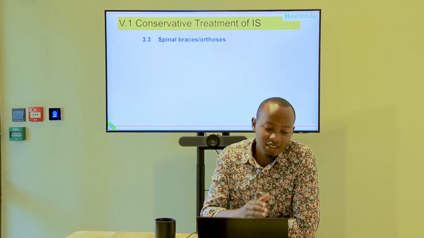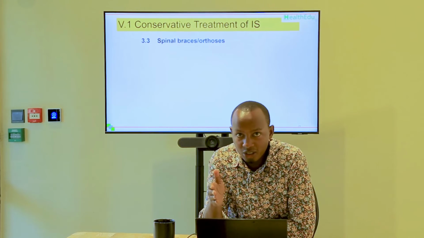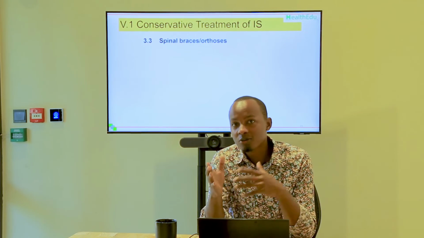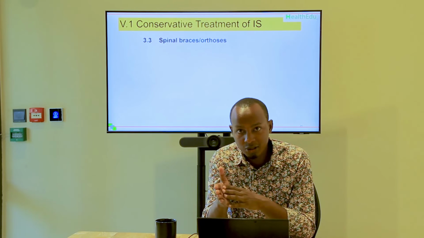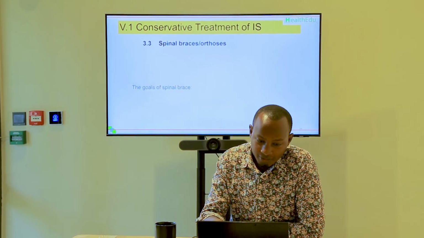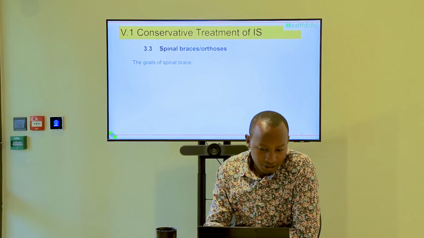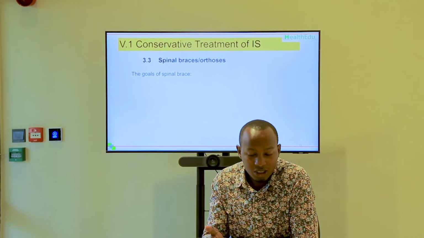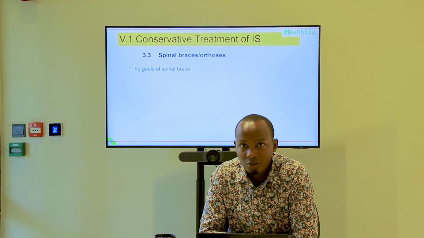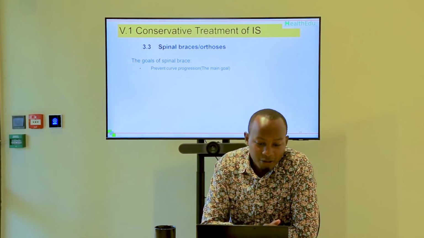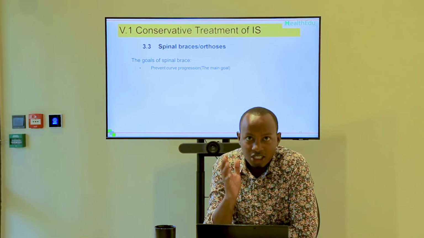As we said, braces are provided for patients who have moderate scoliosis. Moderate scoliosis is between 25 to 45 degrees of the Cobb angle in the curvature of the spine. The goals of the spinal brace, most of the time people call it orthosis or brace, depending on what you know more. The first and most important goal is to prevent curve progression.